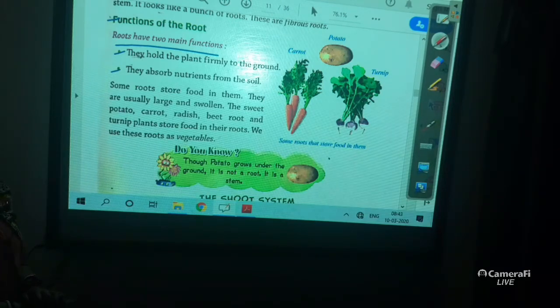The minerals and water that roots absorb from the soil, they give to the stem, and then the stem carries them to the leaf. When we learn about the stem and the function of the stem, then you will know that the stem carries the water and minerals to the leaf, and in the leaf the plants make their food.